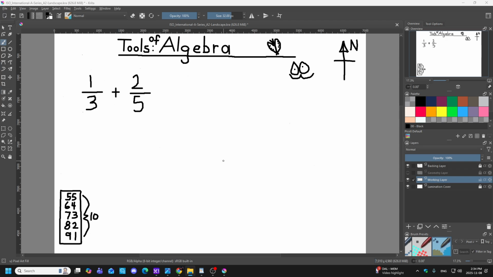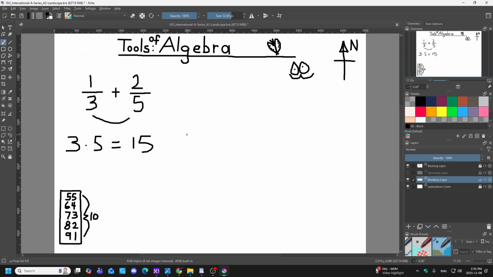Okay, this one is easy. So this is how we do it. We need a common denominator. These numbers work nicely because we know we could multiply them together and we get 15. So there's our common denominator right there. That's why this one is really easy.